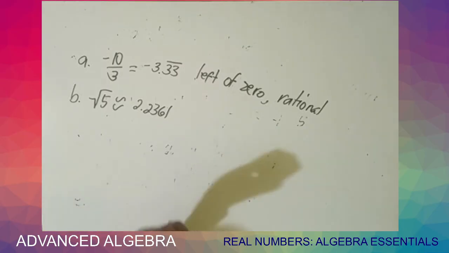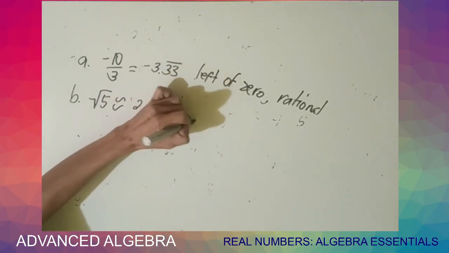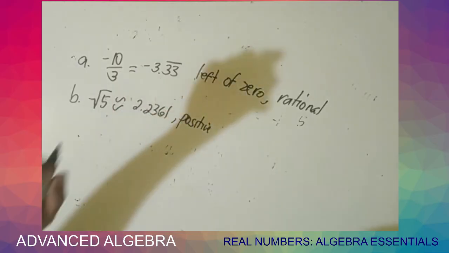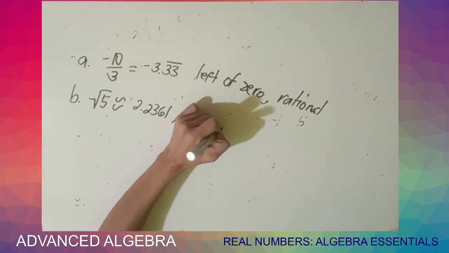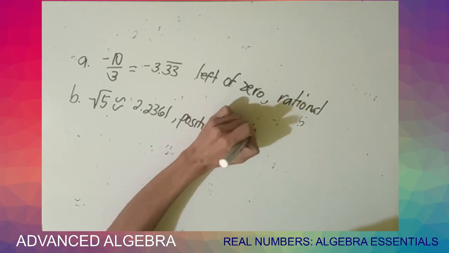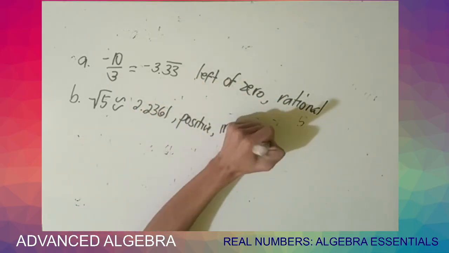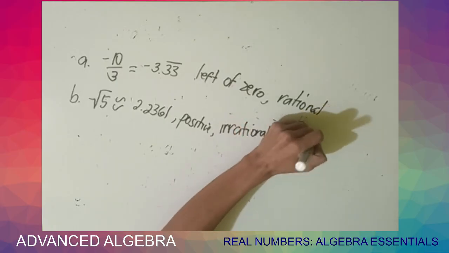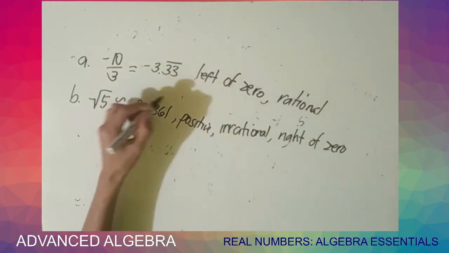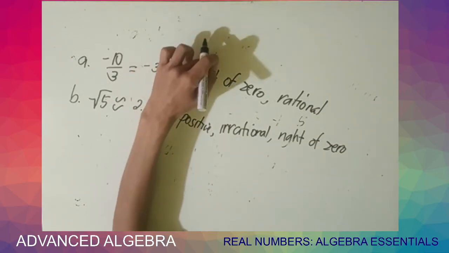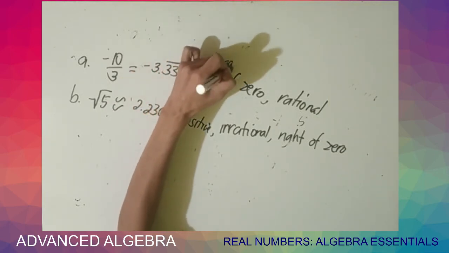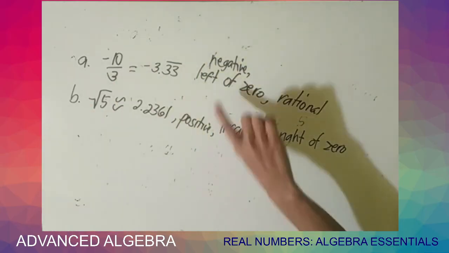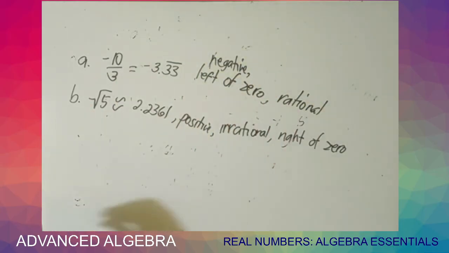Next, it is positive, and it is irrational, and it is to the right of 0. Yan. Yung kanina naman ay positive, negative siya. Negative, left of 0, and rational. Okay? So, yun yung tanong kanina. Next.